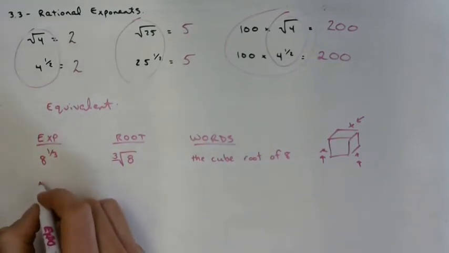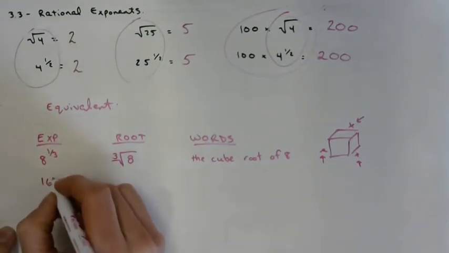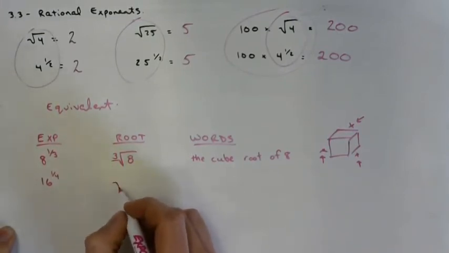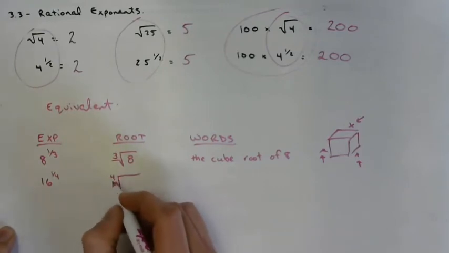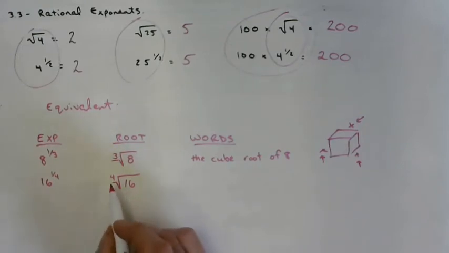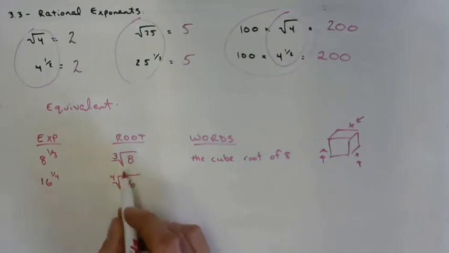The next one that we want to think about is 16 to the power of 1/4. How would you write that as a root? 4 and then 16. The radicand, that's the number under the root symbol, is 16. The index is 4, and the whole thing together is called the radical.